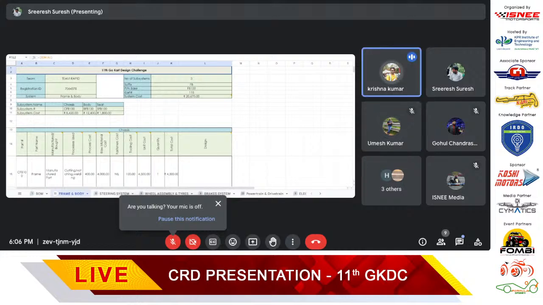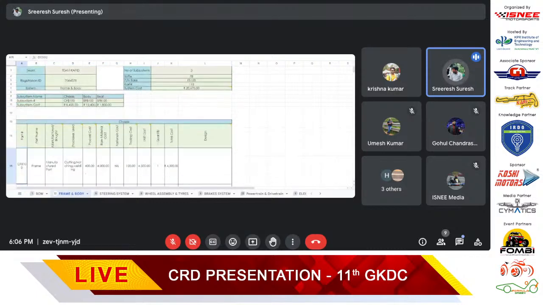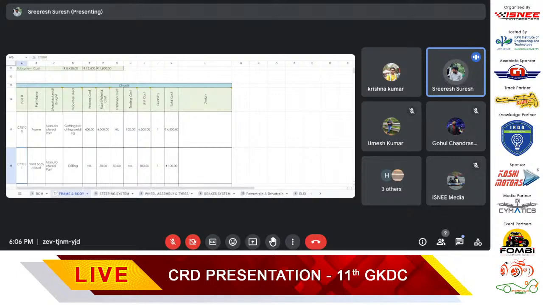Yes, you start presenting. Okay, so myself, Suresh, from Team Rapid, and it's a cost report. First of all, let's start with the chassis. First, it's frame. It is a manufactured part.